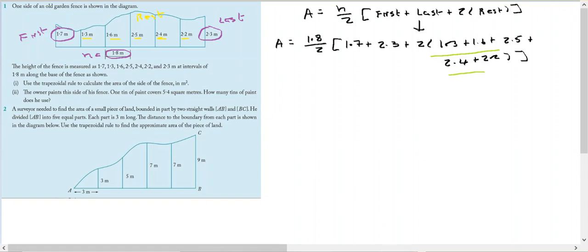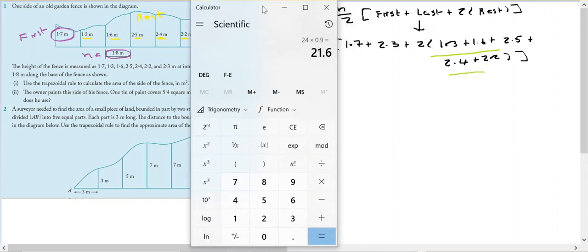Let's add those up: 1.3 plus 1.6 plus 2.5 plus 2.4 plus 2.2.